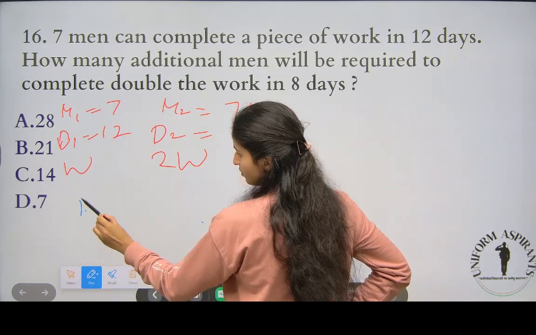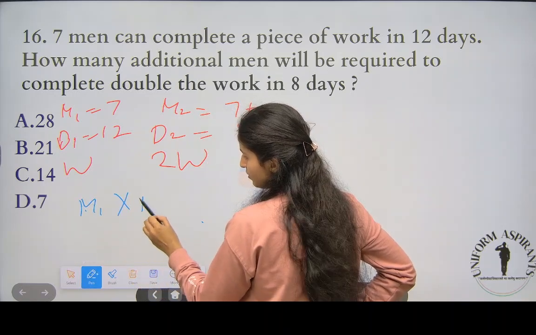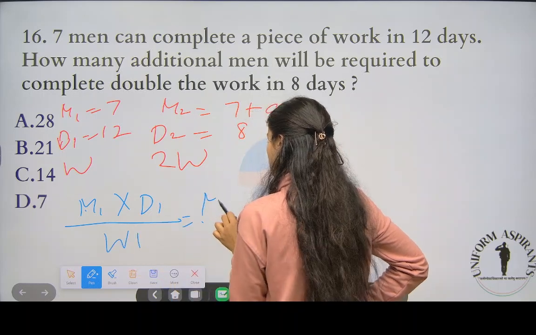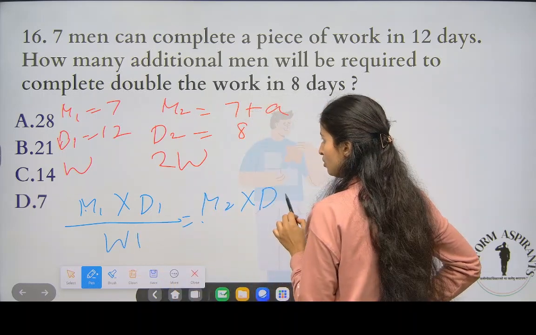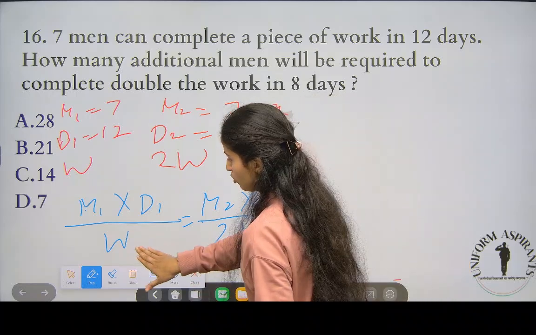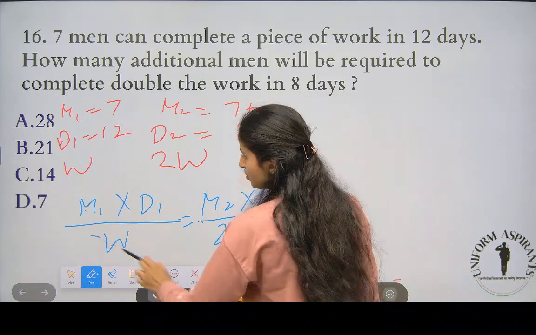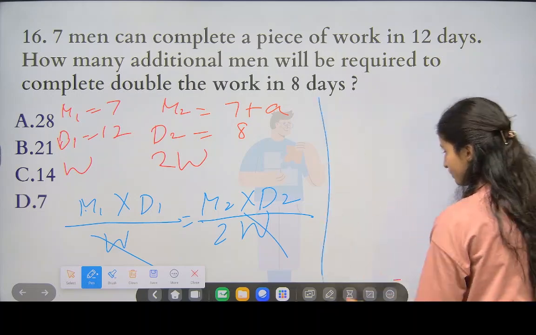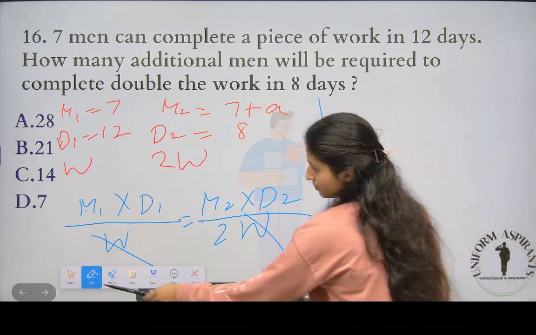M1 into D1 upon W1 is equal to M2 into D2 upon 2W. Right? Not W1, only W. This W and this W got cancelled. Yes or no? Yes. Now what is M?